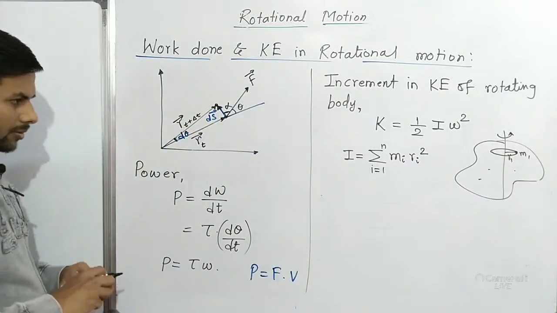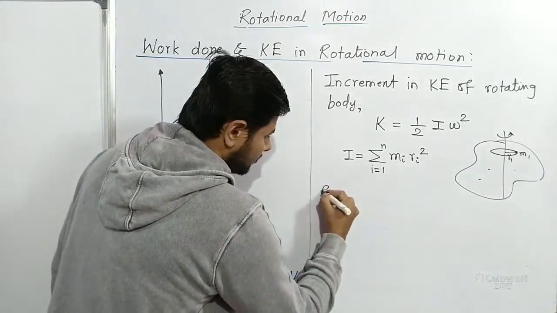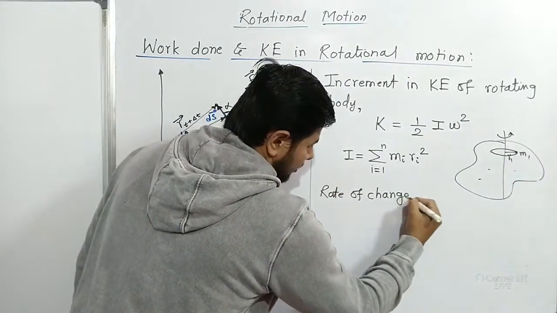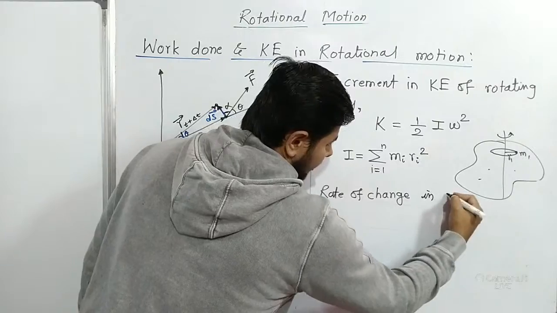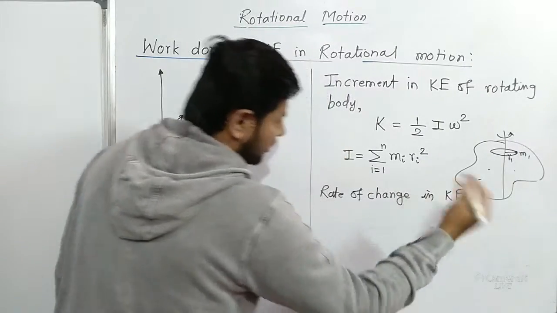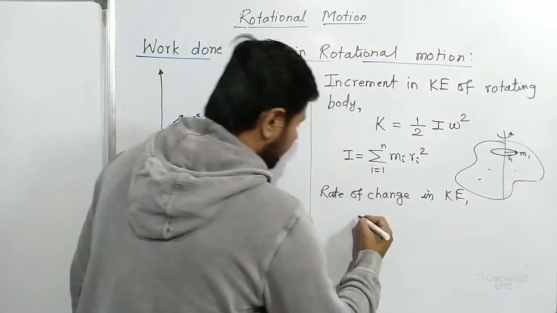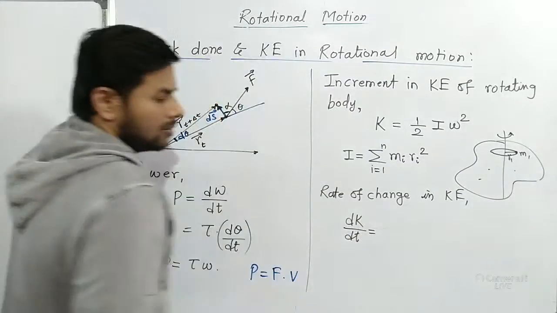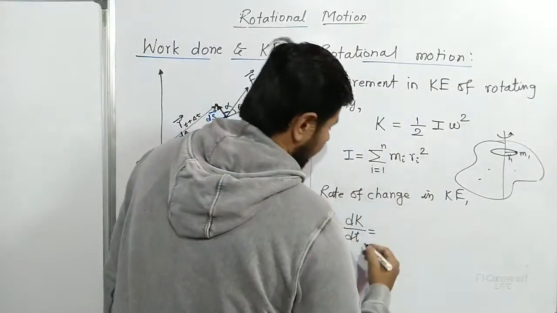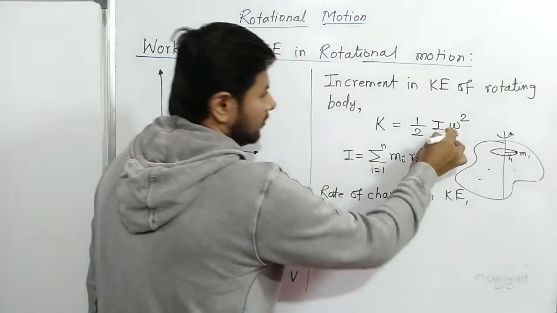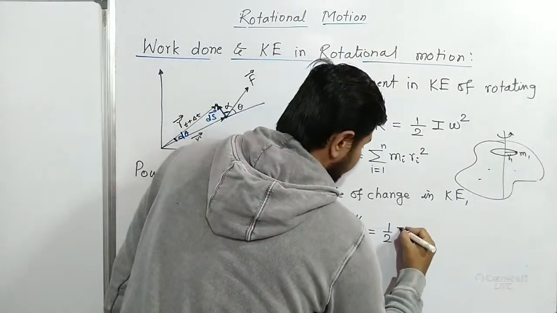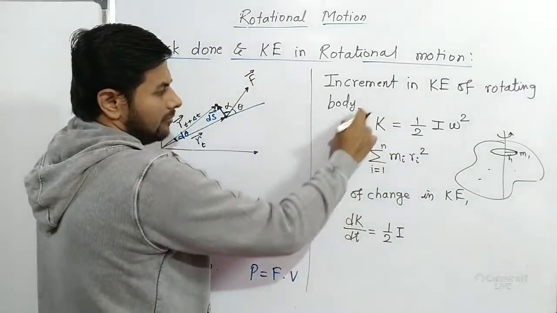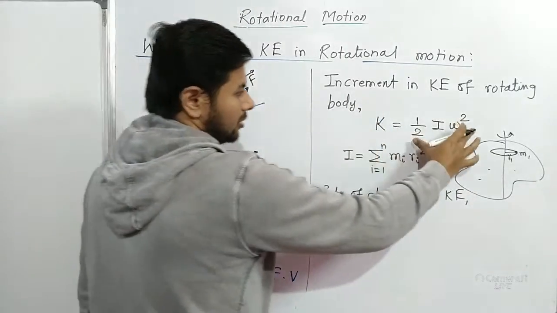So now what will be the rate of change in kinetic energy of the rigid body? So it is dK by dt. Half and I remain the same, so I am taking the derivative of this term with respect to time.